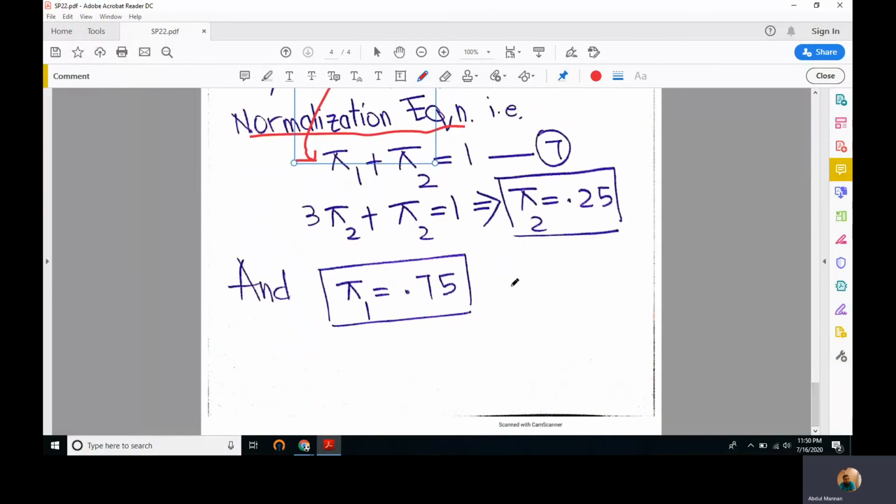This is the same result we obtained when we plotted these values using a MATLAB code I wrote. Pi 1 started from a higher value and settled at a lower value, while pi 2 started from a lower value and settled at 0.25, and pi 1 settled at 0.75.